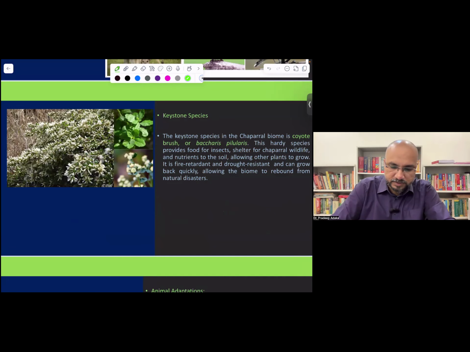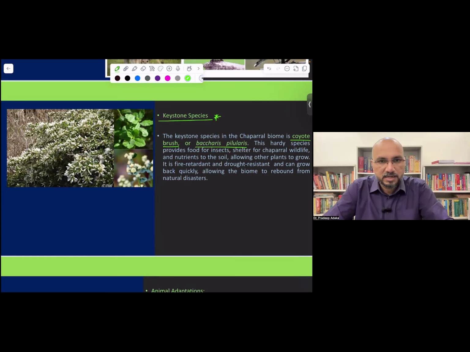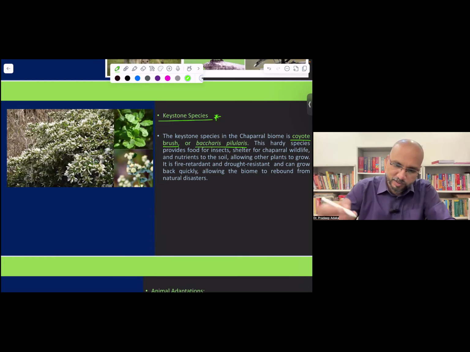Now, there is also a keystone species in this biome. So just to include an example of keystone species, here coyote bush, or Baccharis pilularis. This is the keystone species of this particular chaparral biome. It is a hardy species, provides food for insects. So insects survive on these.